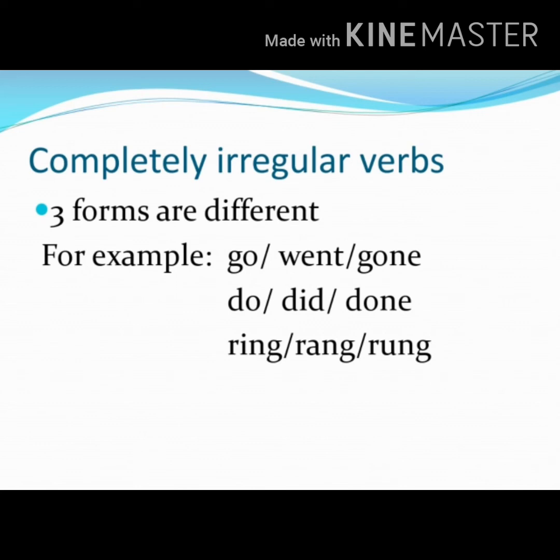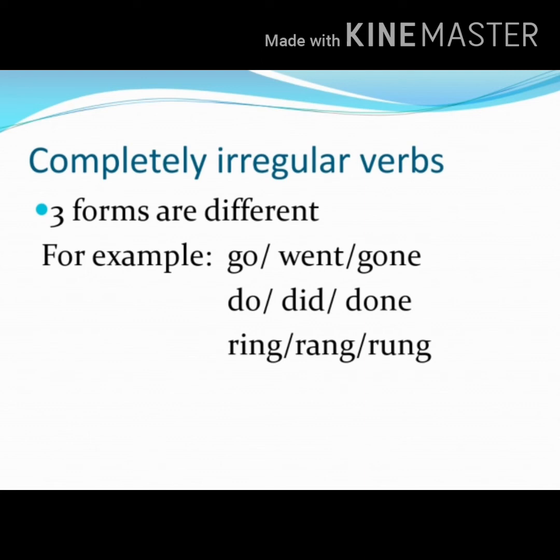And dear students, lastly we are going to look at the completely irregular verbs. We can say this is completely irregular because the three forms are entirely different from each other. For example, the first one is go. As you can see, the second form is went, and the third form is gone.